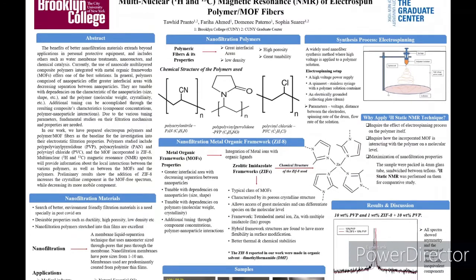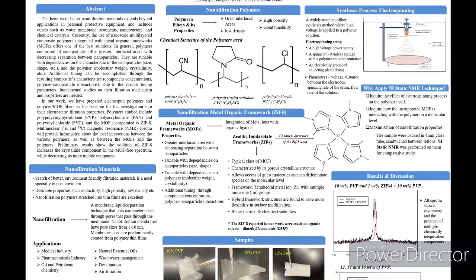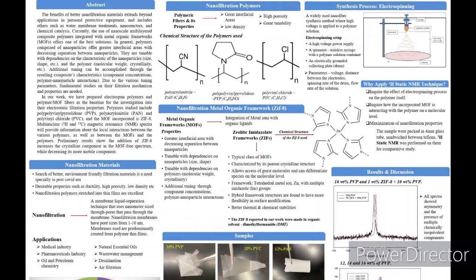So here we have synthesized polymers such as PAN, PVP, and PVC. And for the metal organic frameworks, which is basically the integration of metal ions with organic ligands, we have used ZIF-8, zeolitic imidazolate frameworks, ZIF in short.